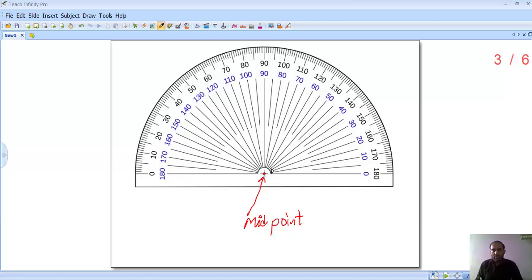Now where is the zero line or reference line? You can see the zero lines on the left hand side and the right hand side. This one is the right hand side zero line and this one is the left hand side zero line. Now you understand which one is the midpoint and which one is the zero line or reference line.